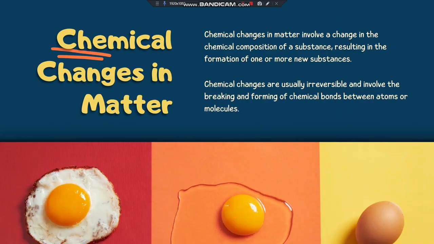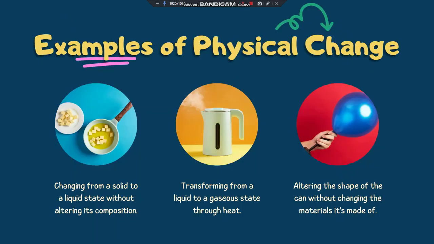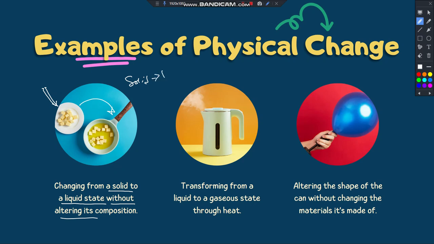Now that being said, let's check out some examples of physical changes. We have example number 1, which is the transition or alteration from solid to liquid state without altering its composition. So over here I have some ice cubes, and then after a while, when the temperature becomes warm, some liquid begins to get formed, right? So the change is a change from the solid state of matter into the liquid state.